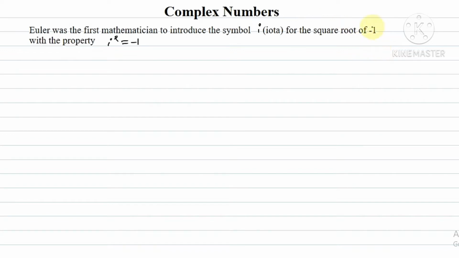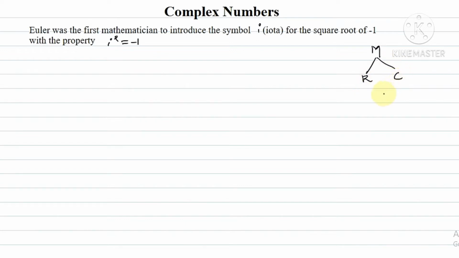So before going to complex numbers, first I want to clarify the numbers. In our school life we learnt that there are two types of numbers in mathematics: real numbers as well as complex numbers. The numbers which are represented on the number line are called real numbers, like natural numbers, whole numbers, integers, rational numbers, irrational numbers.